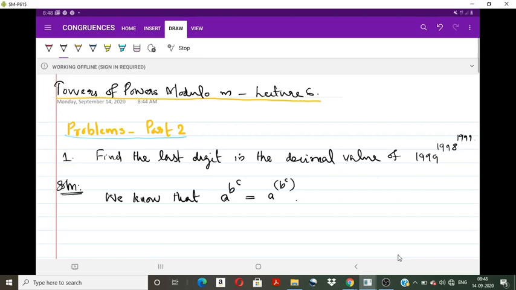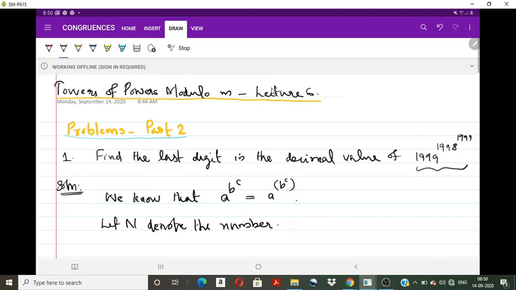And the last digit in this number will be the digit congruent to the number modulo 10. So we denote this number, of which we have to find the last digit, by capital N. So let N denote the given number.